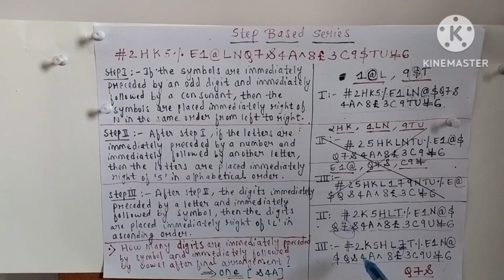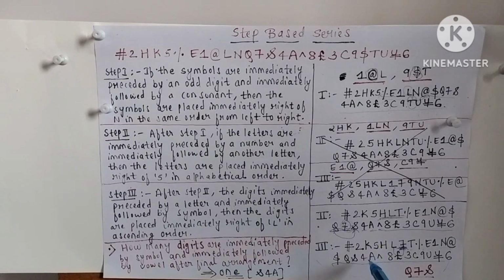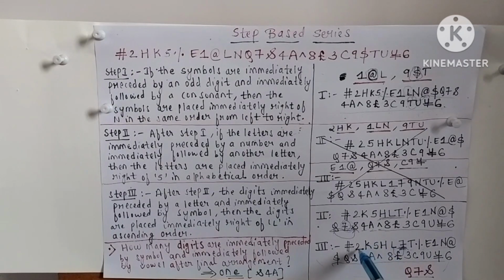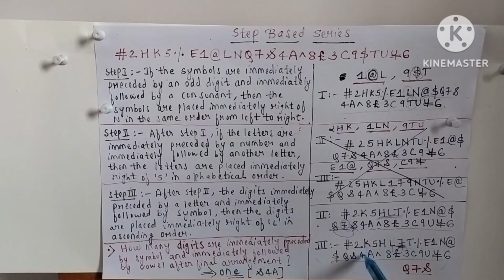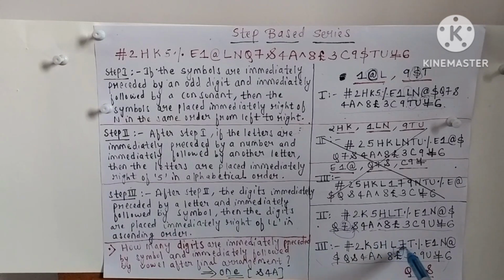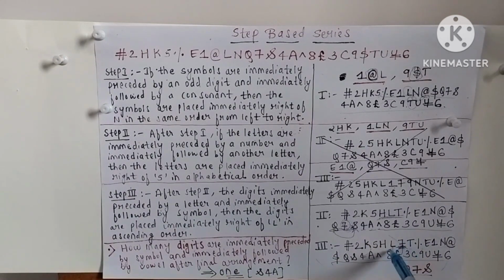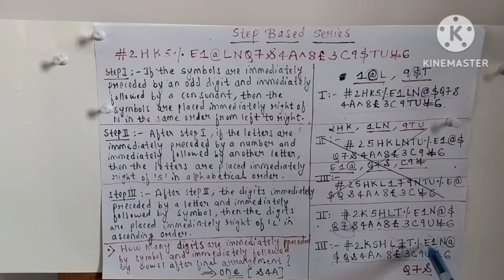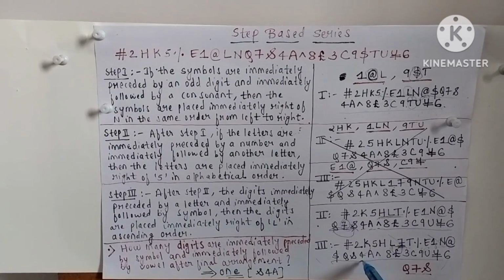Okay, so digits which are preceded by symbol and immediately followed by vowel. So digits preceded by a symbol, it is not followed by a vowel. Digits preceded by a symbol, no. Then digit preceded by a symbol and followed by a vowel, okay, so this is one pair.